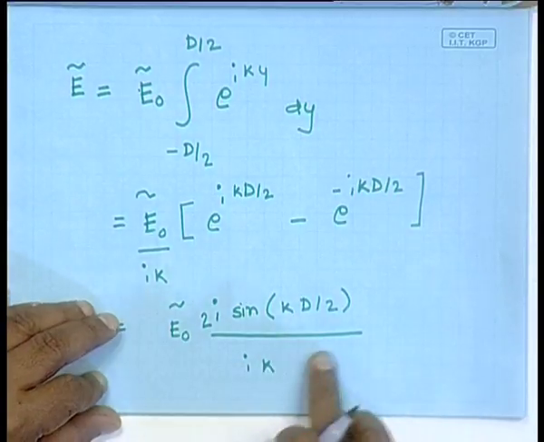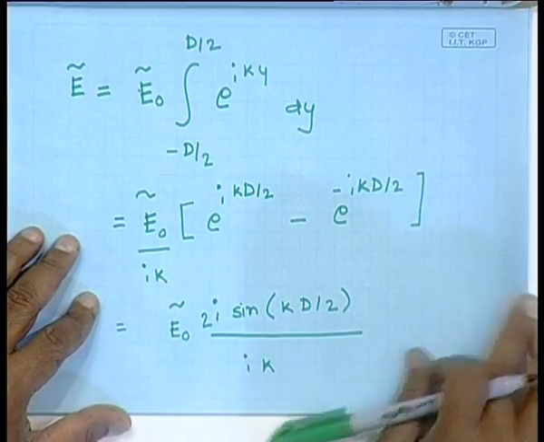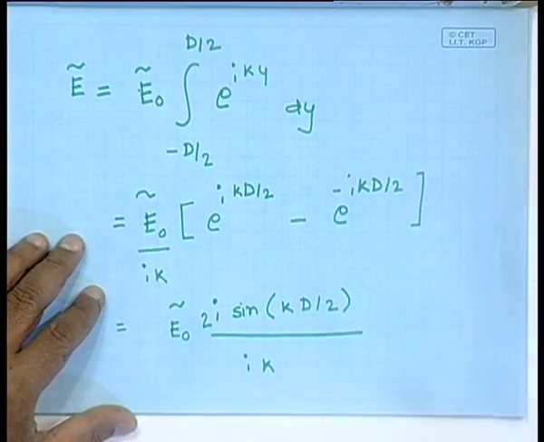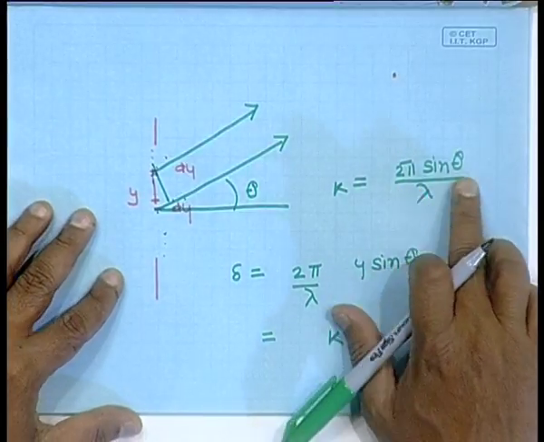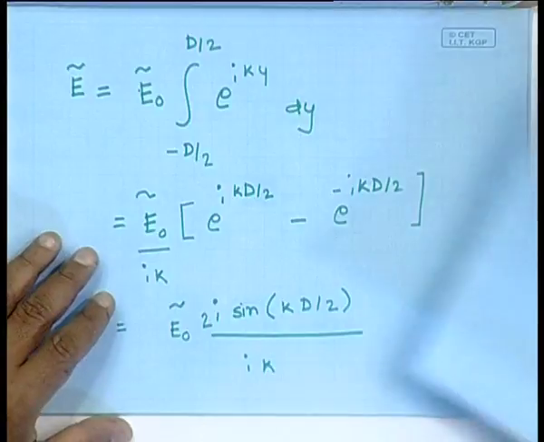Let me write this, putting in the value of k. So, remember that k is 2 pi sin theta by lambda. So, let me also put in the value of k and write this.